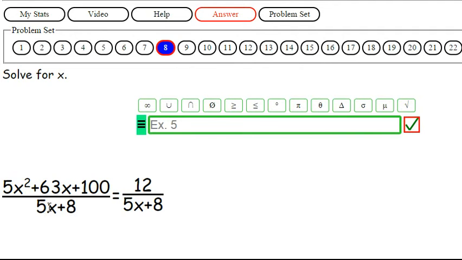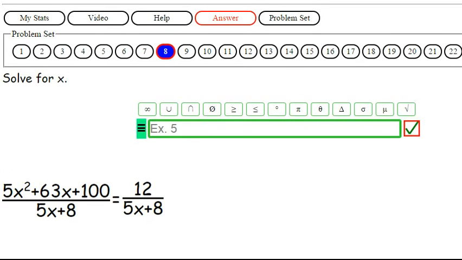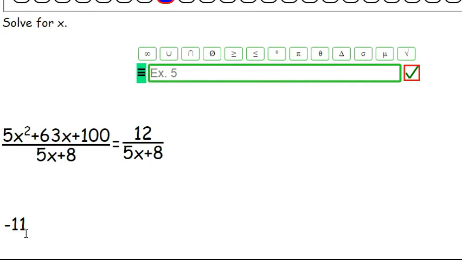If you put in the negative 8 over 5 right here, we'd end up getting 0 in the denominator, and you can't divide by 0. So that's really not a solution to the equation. The only solution to the equation is going to be your negative 11.